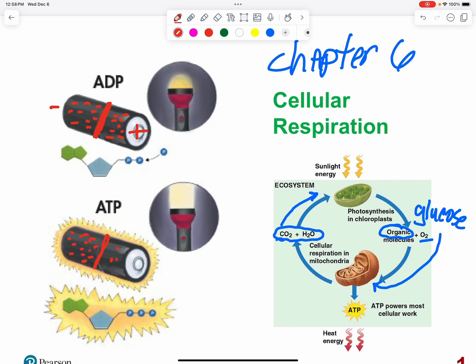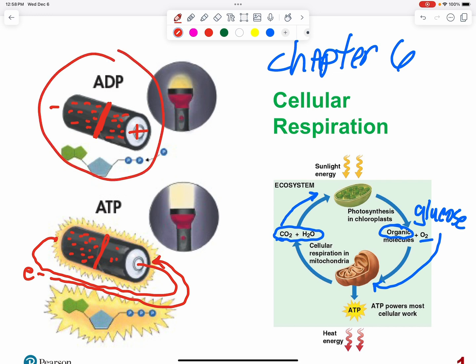So now if you hook up a wire from one side of this battery to the other, there's going to be a flow. Go with the flow is diffusion, area of high concentration to low concentration. So these electrons would be zipping down this way and making their way to the other side, to the point where they would reach equilibrium like an ADP.